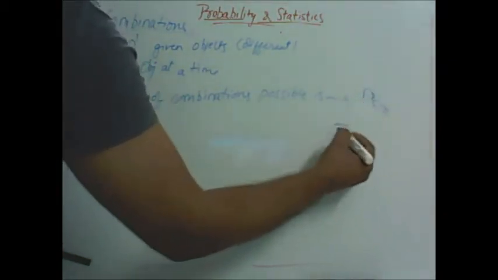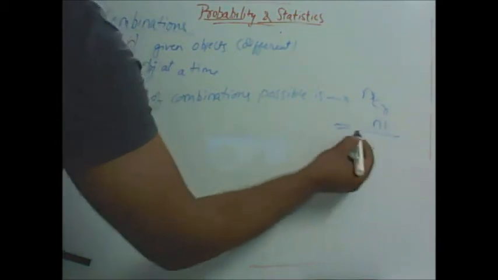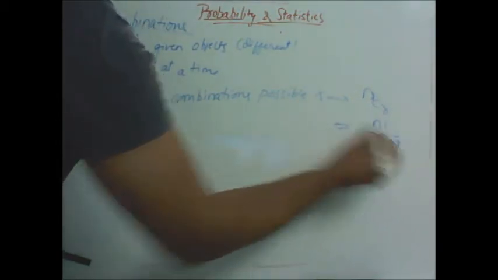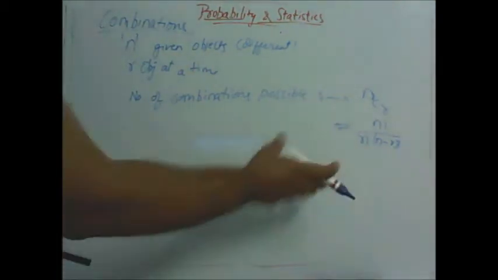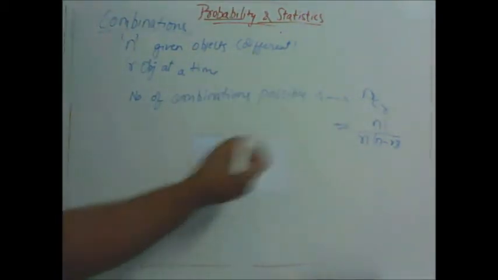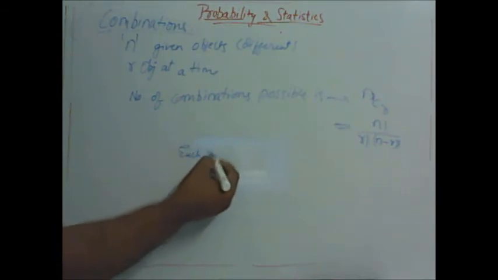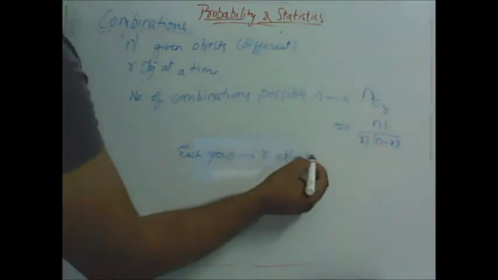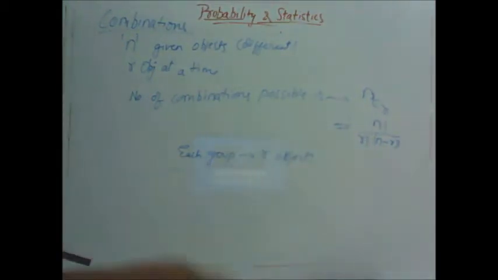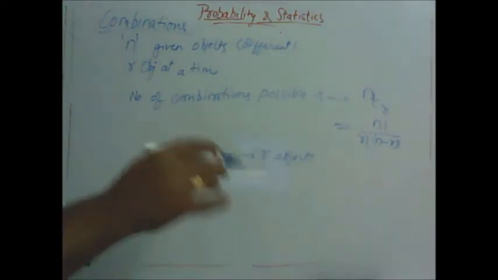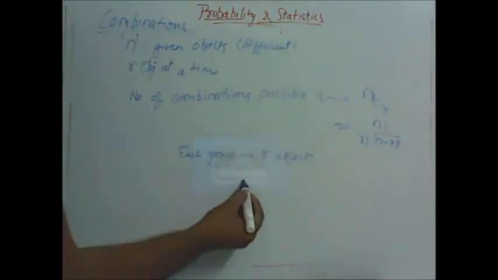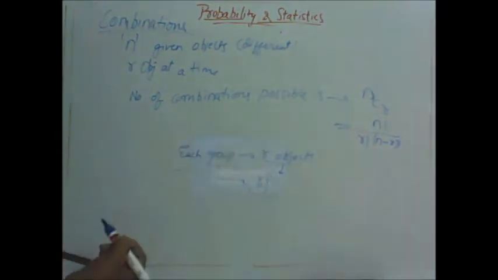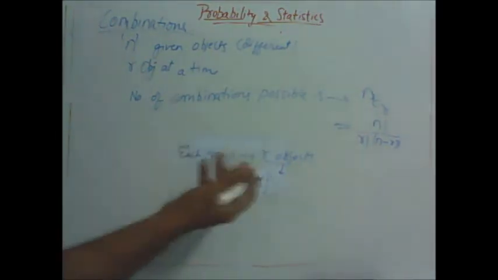NCR, which is equal to n factorial divided by r factorial into n minus r factorial. With this we will get the number of groups, and each group has r objects. So when we want arrangements, that is, sequence is important, in each group as r objects are there, each group can again have r factorial ways of arrangements. Number of sequences can be r factorial.